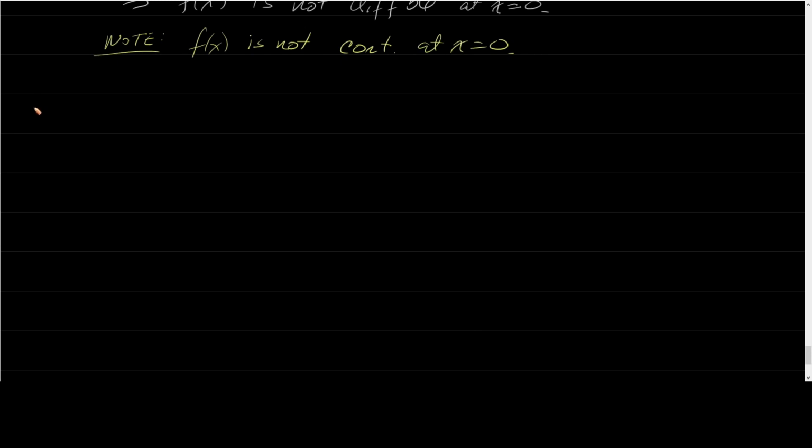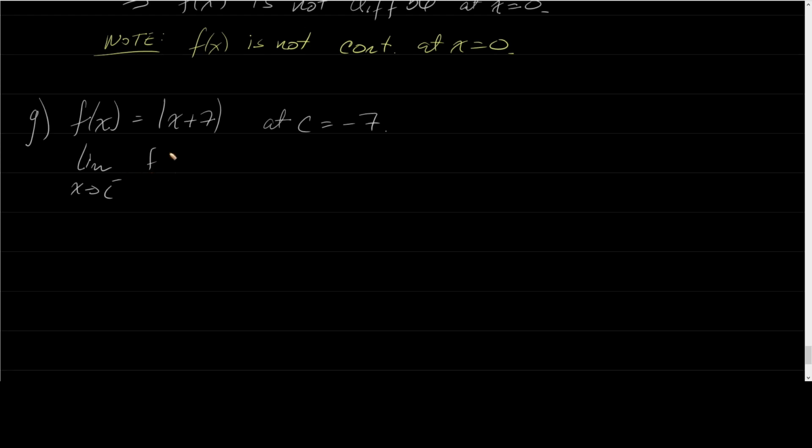So example G. Let's say that f of x was equal to the absolute value of x plus 7. And we want to see what's happening at c equals -7. We want to see if it's differentiable there. So we're going to say, well, the limit as x approaches c from the left of f of x minus f of c over x minus c.